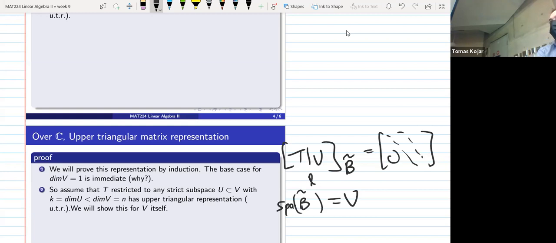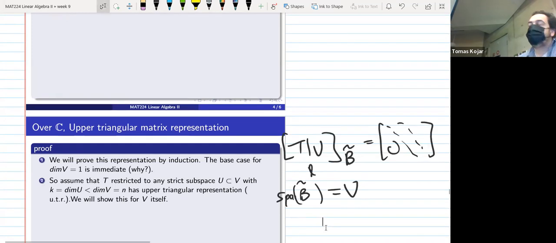And I have to go to n. So I have it for all numbers strictly less than n. That's called strong induction, because you're using all your information, not just n minus 1.